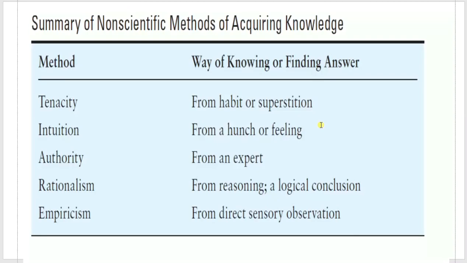And this is just a summary: in tenacity we know from habit or superstition, in intuition we know from a hunch or our gut feeling, in authority we know from an expert, in rationalism we know from reasoning, where logical conclusions are drawn based on either inductive or deductive reasoning, and in empiricism we rely on our direct sensory observations, direct sensory experiences.